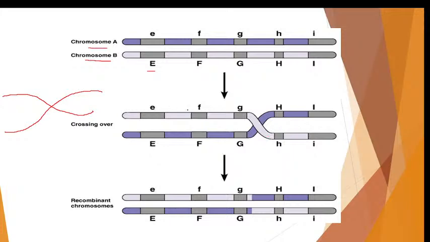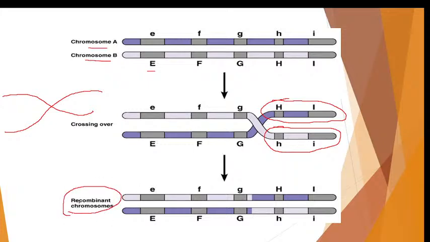So small e, small f, small g is now changed to small e, small f, small g, and capital H and capital I. That means this part has undergone the exchange, and as a result the chromosomes which are formed are called recombinant chromosomes.